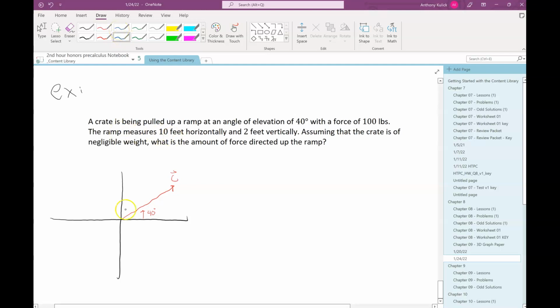And then I have the ramp that's 10 feet horizontally and 2 feet up. Well, actually, let's do it like that so it makes a little bit more sense. And then we're looking for this guy, the projection of the crate onto the ramp.